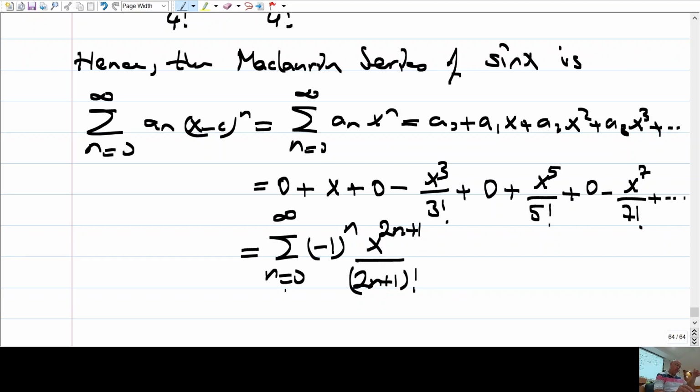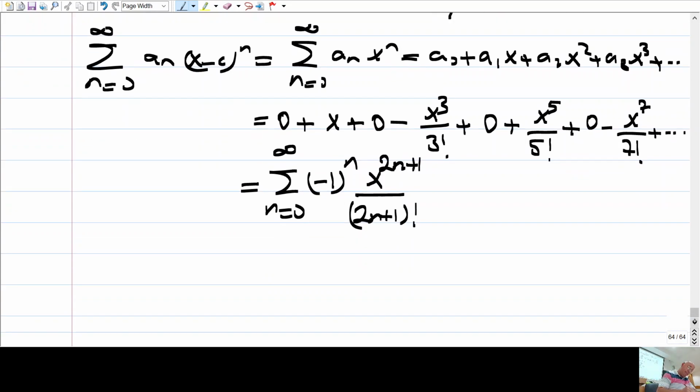So for n equals 0, it is x over 1 factorial. For n equals 1, it is x cubed over 3 factorial, with a minus sign. For n equals 2, it is x to the power 5 divided by 5 factorial, and so on. So the Taylor series for sine x is this.